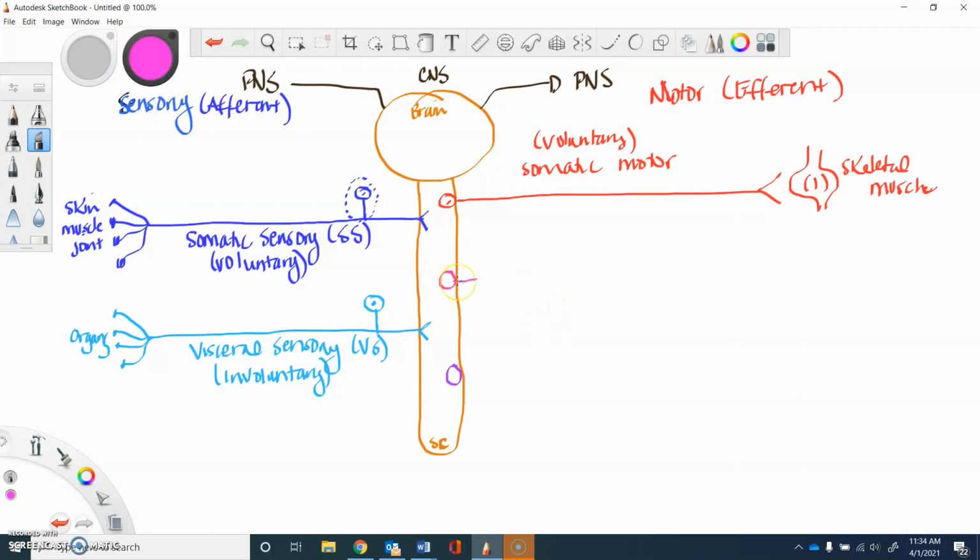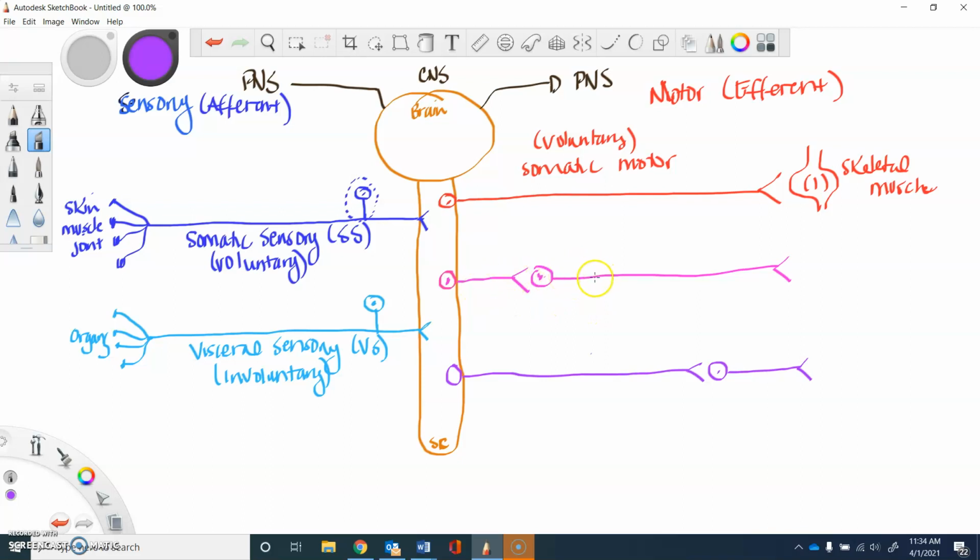So the first one, putting here, looks like that. And the second one looks like this. And you can see that one of the differences here between the skeletal muscle motor neurons and the ones going to your organs is that they are a 2-neuron pathway.